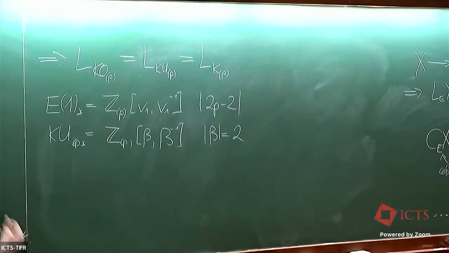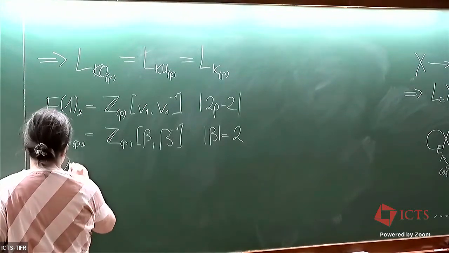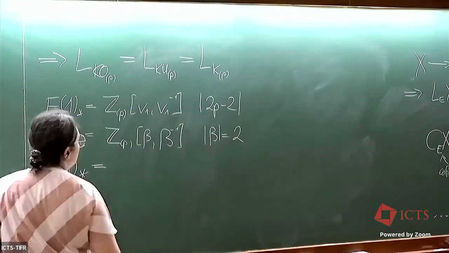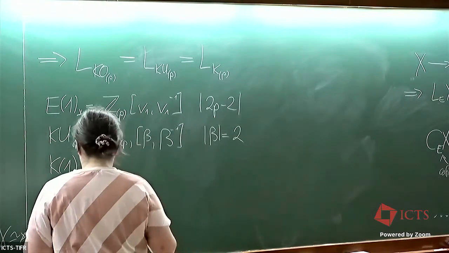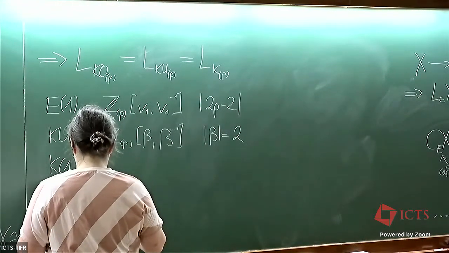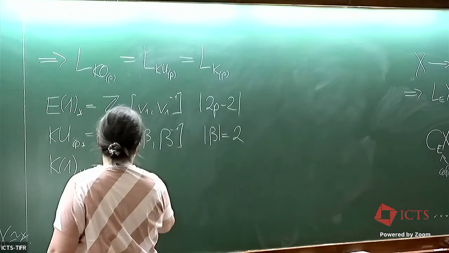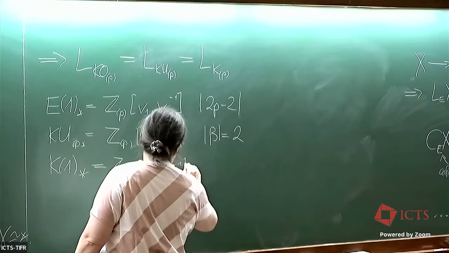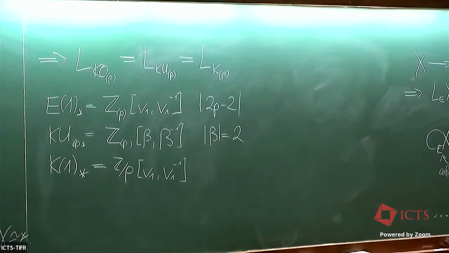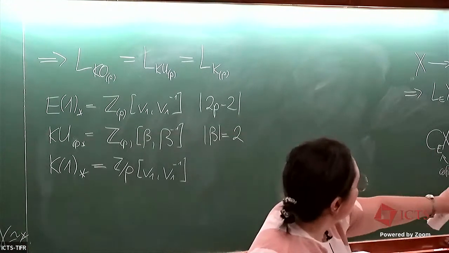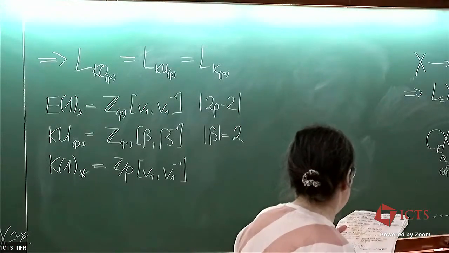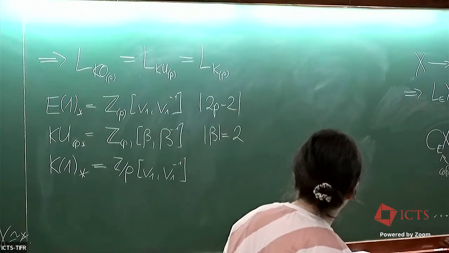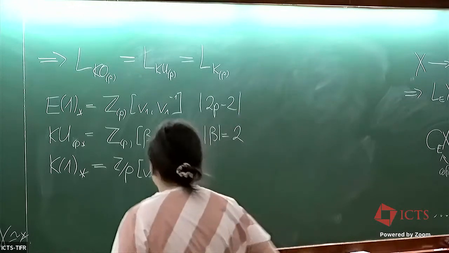So, well, just for completeness' sake, let's just write K1 star underneath so that you all have them together. So here you have Z mod P, and then this generator again. But very similar to what I wrote down here, except that in this case, I actually know what the correct coefficients are.